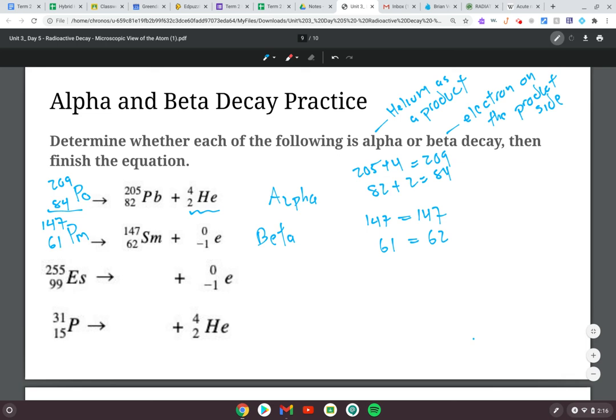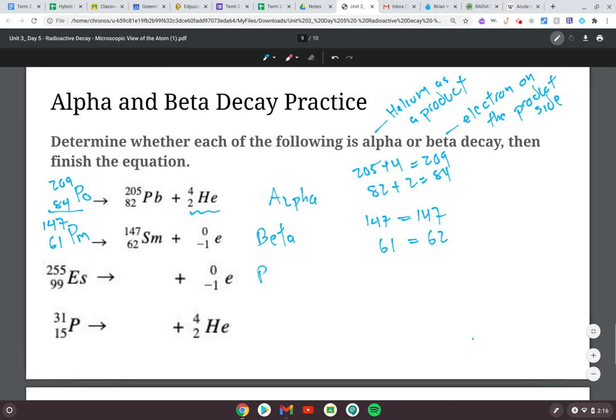Okay. So in the case of the next one, 255, 99, arrow something plus what appears to be an electron, that tells me that electron is a dead giveaway that it is a beta particle being emitted, so it's beta decay. And I also need to remember that the mass number is going to be the same here, so 255 will equal 255. I'll put 255 right there.